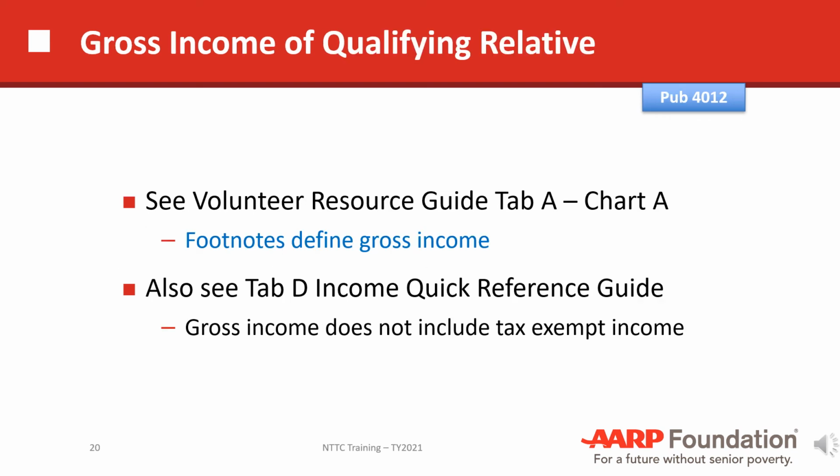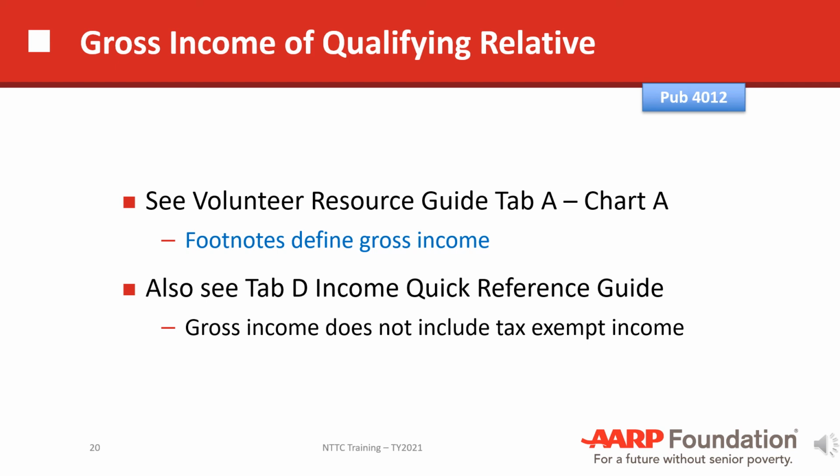When calculating the gross income amount for the possible qualifying relative, the $4,300 or $4,500 in 2022, you probably want to use a resource, the Volunteer Resource Guide 4012, tab A, chart A, and look at the footnotes that define gross income. So if you're not sure what income qualifies as gross income, please look at tab A, chart A, and also there's tab D, income quick reference guide.